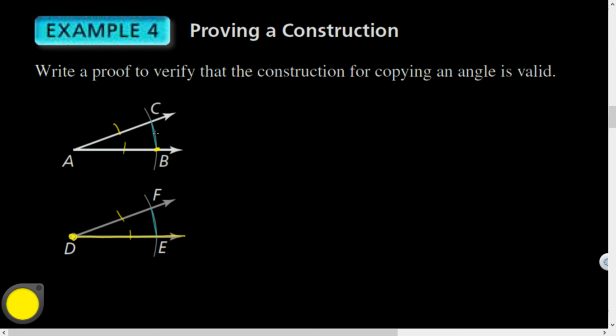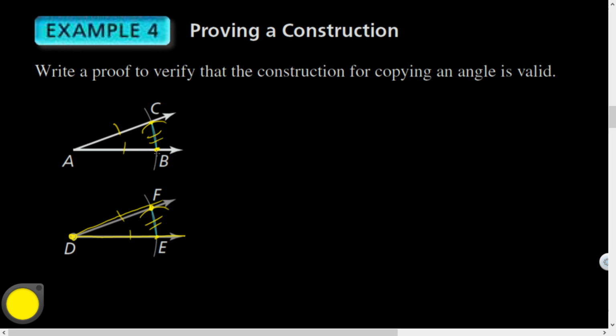If I used a compass and measured from here to here and swipe arced, and then placed it at this first intersection and swipe arced, the intersection between these two arcs would be a point that is the same distance out here, and these two are congruent to each other because those were congruent radii on our compass swipe.